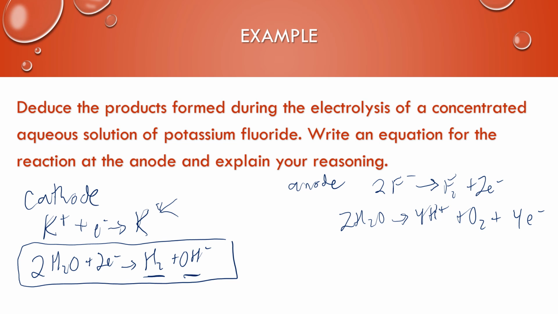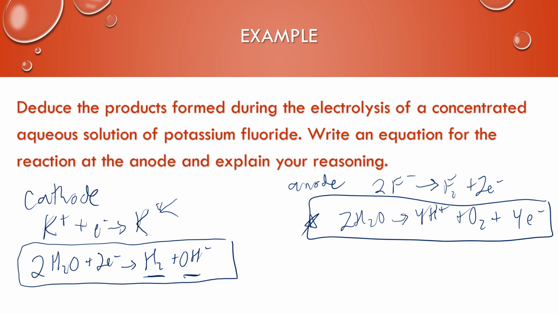It is much more likely to gain electrons than oxygen is. So I'm thinking about the reverse reactions when I'm thinking through this. The fluorine is much more likely to undergo the reverse and exist as fluoride ions. So that means the water reaction is favored at our anode. This is the equation at the anode, because fluorine is less likely to exist as fluorine gas compared to fluoride ions. And so the products are the hydrogen ions and oxygen gas.